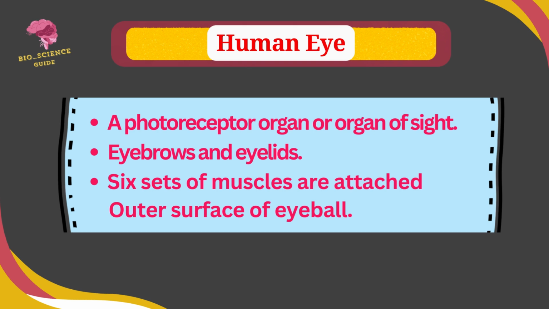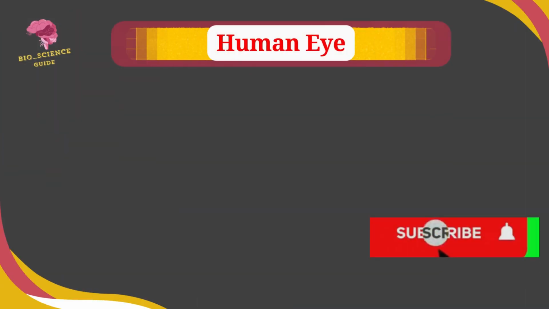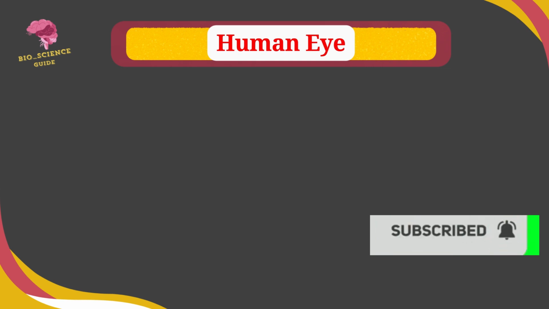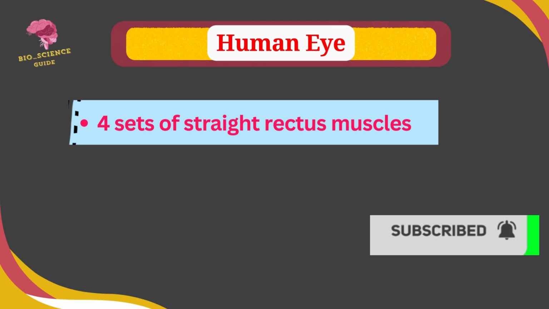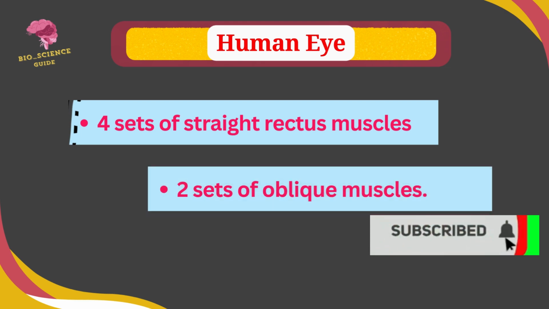The human eye consists of six sets of muscles which are attached to the outer surface of the eyeball. The six sets of muscles are of two types: four sets of straight rectus muscles and two sets of oblique muscles.